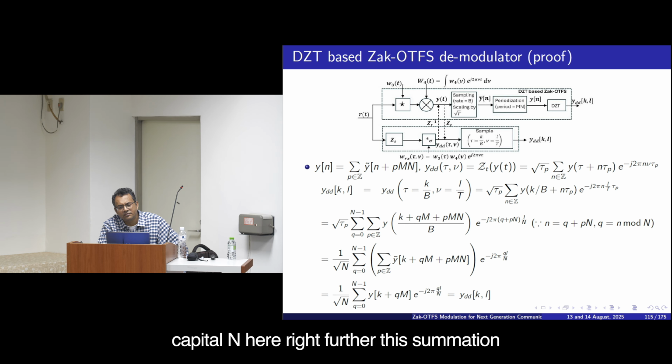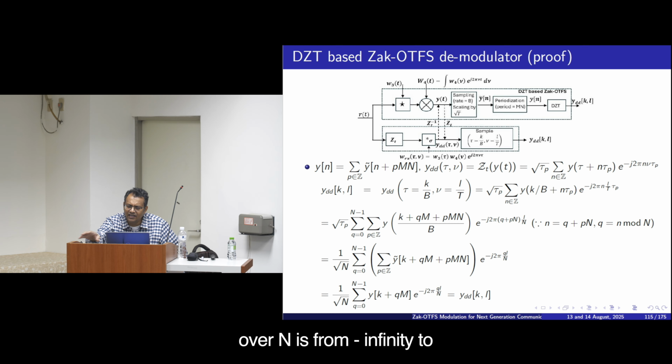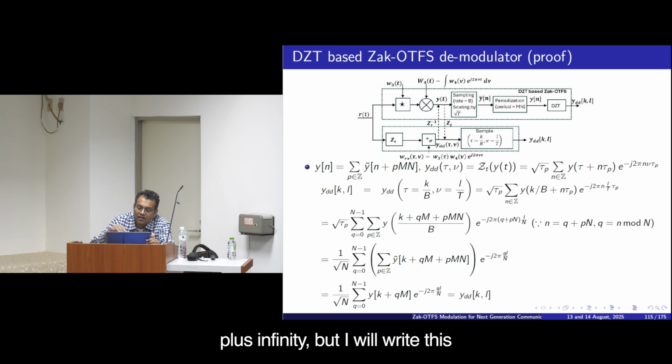Further, this summation over n is from minus infinity to plus infinity, but I will write this small n in a different way, in this form.